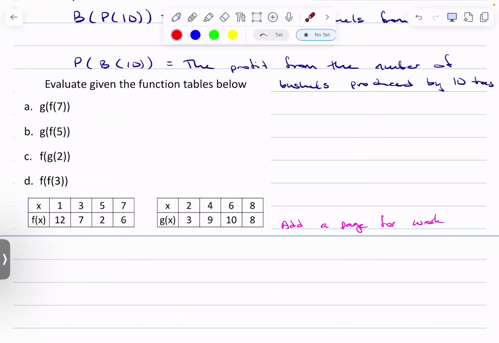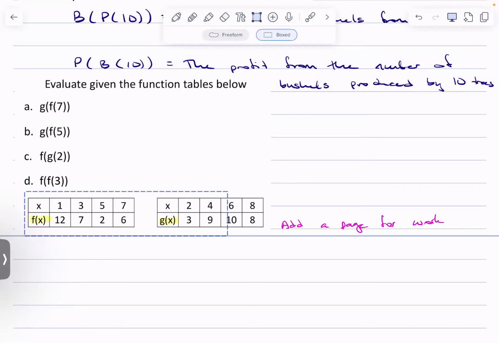If we have two functions, f of x and g of x, two different functions as tables, now we can do function composition with tables.